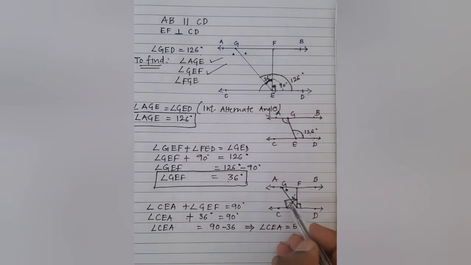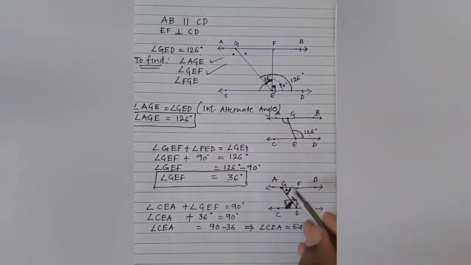Now once I got CEA, this part is equal to angle FGE. Why is it equal? Because these are interior alternate angles. So this is what I said, it's all about observing the figure.